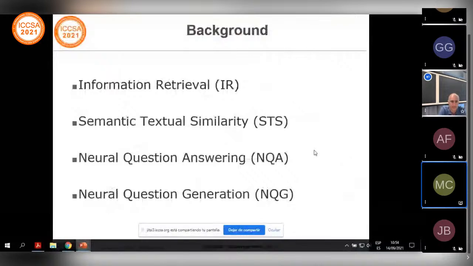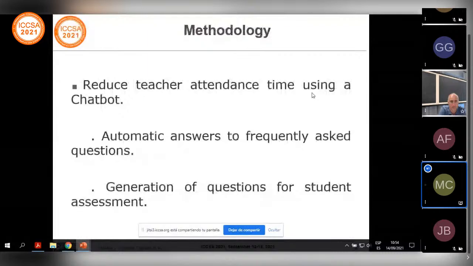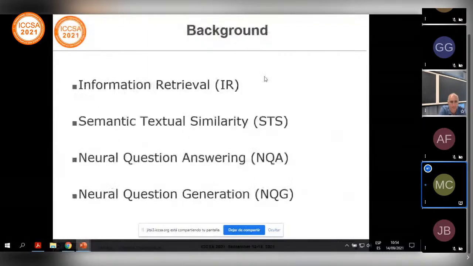Okay. So, well, I will continue. In order to better understand the development of the project, let's define some main concepts. First, information retrieval. Its best known example is the Google search engine, in which we enter a text to search, which we will call query, and it shows you different web pages, sorting order of proximity to the query.